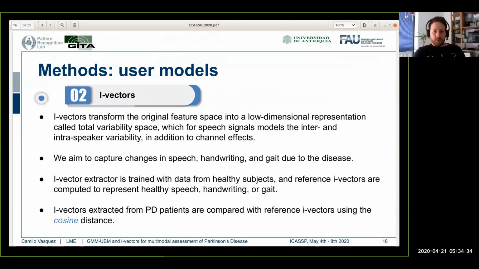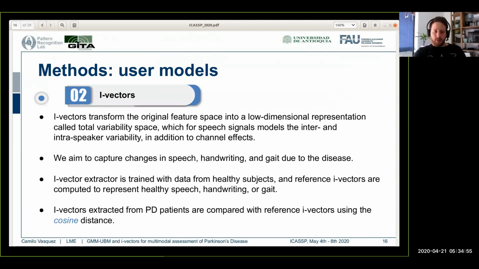Our second user model is based on i-vectors, which are used to transform the original feature space into a low-dimensional representation called total variability space. For this study, we aim to capture changes in the speech, handwriting, and gait due to the presence of the disease.